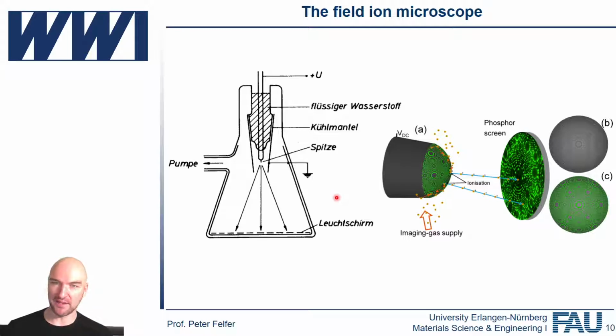But the vacuum requirements are not as high, just simply because the adsorbed atoms then just come off anyway and just contribute to the image or don't contribute to the image. Anyway, you don't need to go to extremely high vacuum levels.